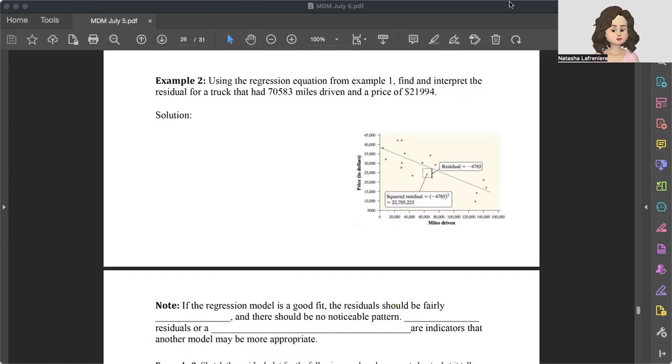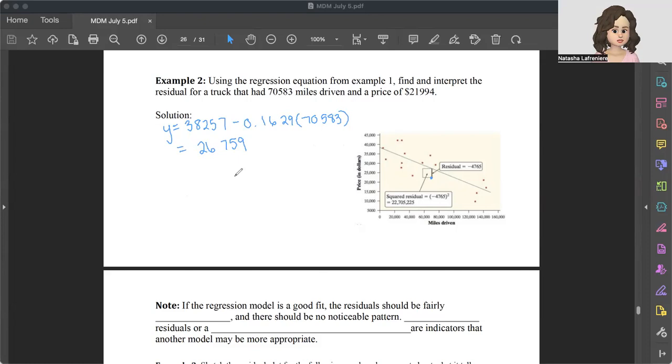Okay, so we're using the equation that they gave us above, which was y is equal to 38,257 minus 0.1629 times your predicted amount. So your predicted is this guy, so times 70,583 miles. Okay, so you throw that into the calculator and you're going to get 26,759.